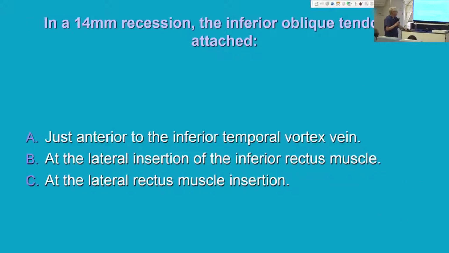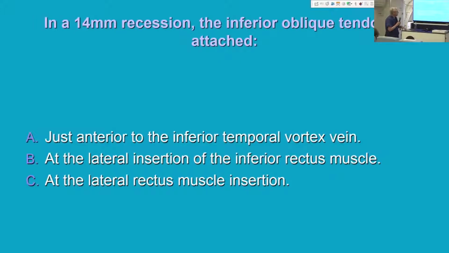In a 14 millimeter recession of the inferior oblique tendon, the inferior oblique tendon is attached where? A, just anterior to the inferior temporal vortex vein; B, at the lateral insertion of the inferior rectus muscle; or C, at the lateral rectus muscle insertion.